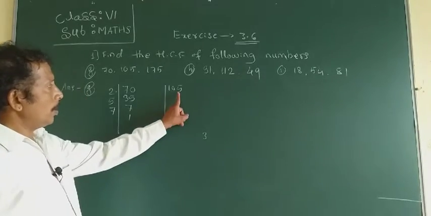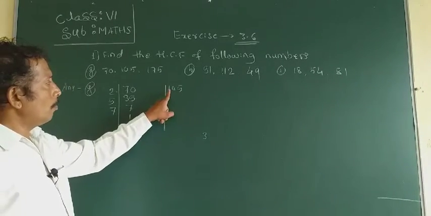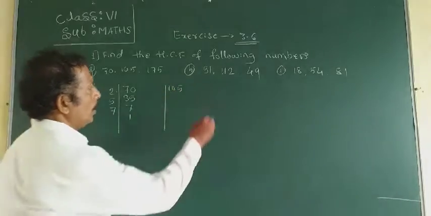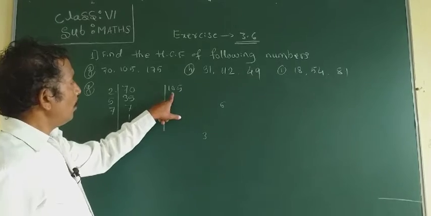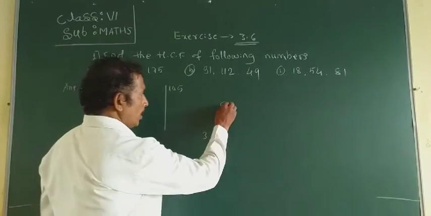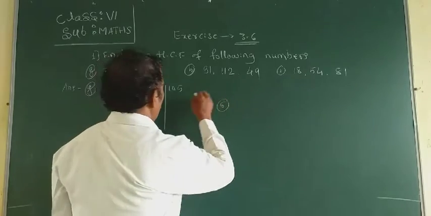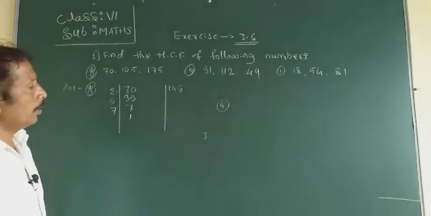Yes, this number is perfectly divisible by 3 because the sum of all the digits, 1 plus 0 plus 5, is 6, and 6 is divisible by 3. Therefore, this number 105 is divisible by 3.